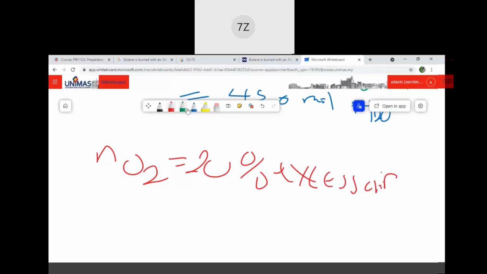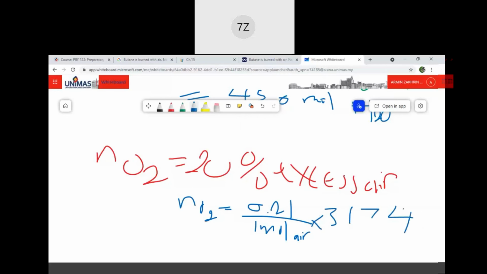O2 is from 21% over 1 mole of air, times 3174. This 3174 is from the 20% excess air, the N air, the one that I showed you before.